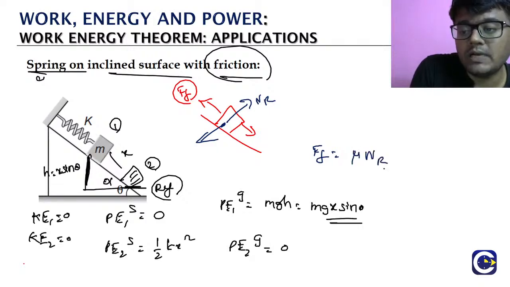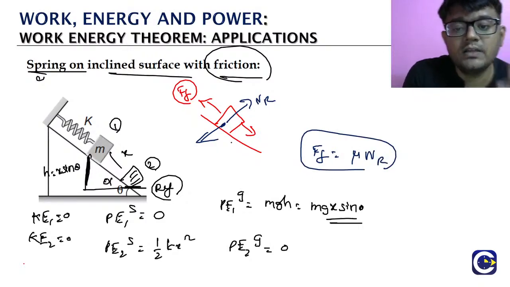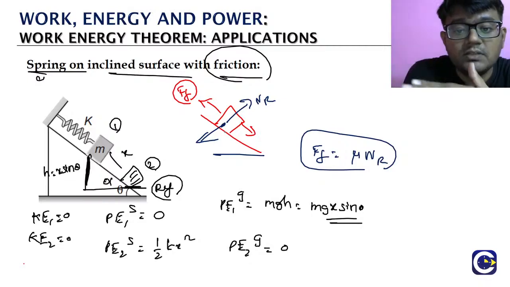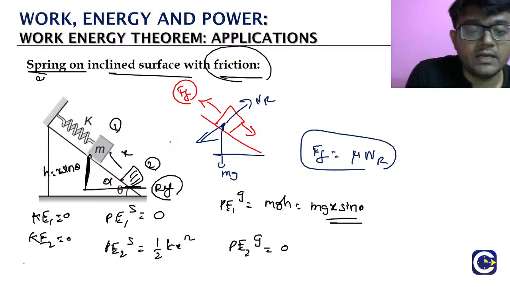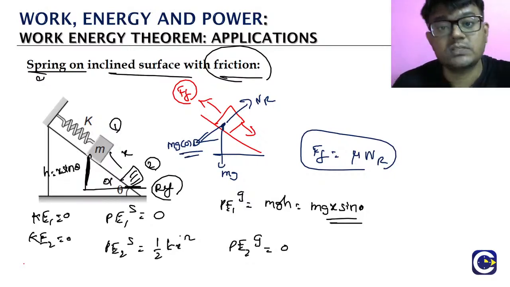mu into normal reaction. Normal reaction on that inclined plane, when you take the component of the weight, எப்படி வரும்? One component will be perpendicular to the plane. அதோட வேல்யூ என்ன? mg cos theta. இது ஆல்ரெடி நம்ம நிறைய பார்த்திருக்கோம் in the Newton's laws of motion.